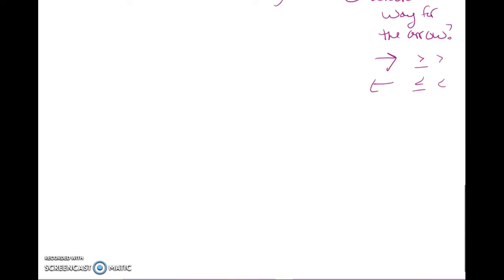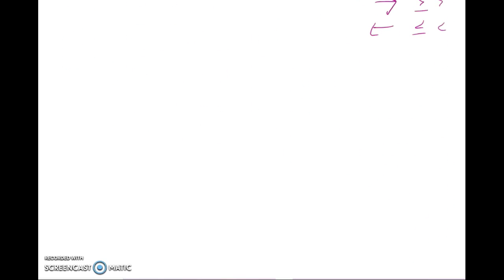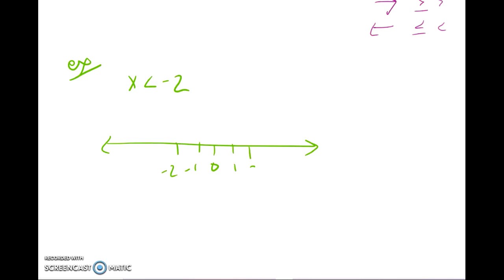Okay, let's do another one. I think I might change colors here. What if I had x is less than -2? I'm going to draw myself another number line here. If you stopped and made yourself a nice one, good for you. That's probably what I would do if I were taking notes. Okay, so the first step was to identify the sign so we know what kind of dot we need at our number.